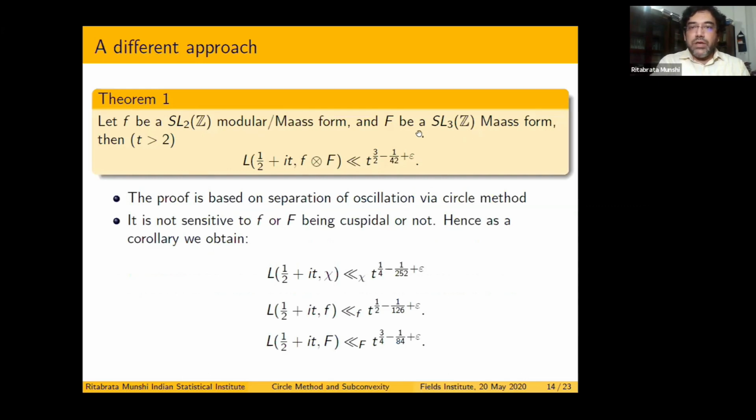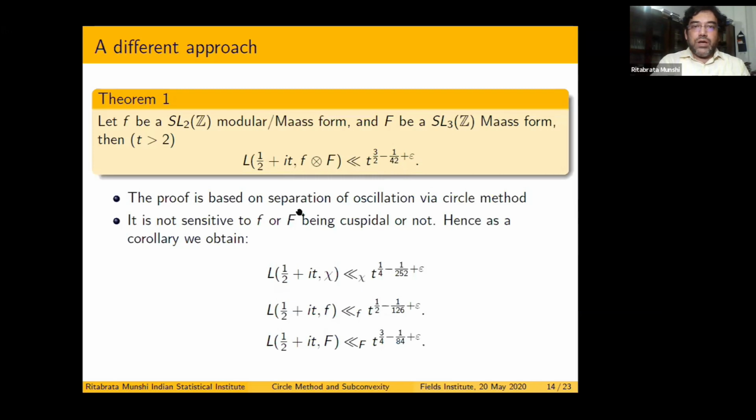Capital F need not be self-dual, so it can be any generic SL3(Z) Maass form. Small f, I'm sticking to SL2(Z) for simplicity, but you can take it to be of any level. I'm interested in proving subconvexity in the t aspect. The convexity was t to the power 3 by 2, and I could put 3 by 2 minus 1 by 42. So that was the saving over convexity.